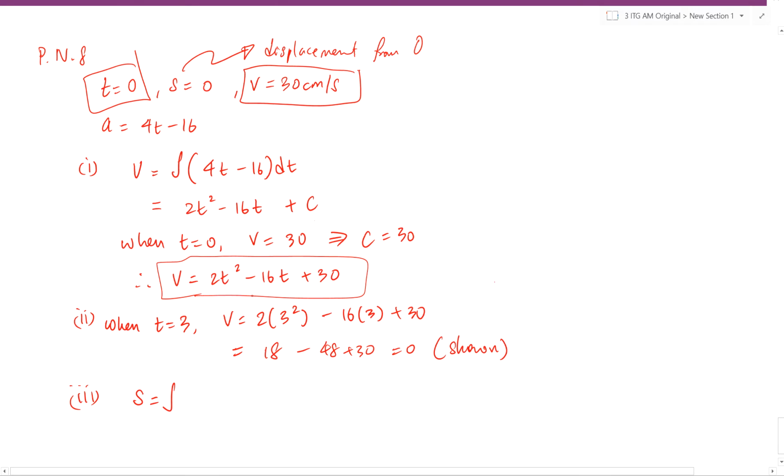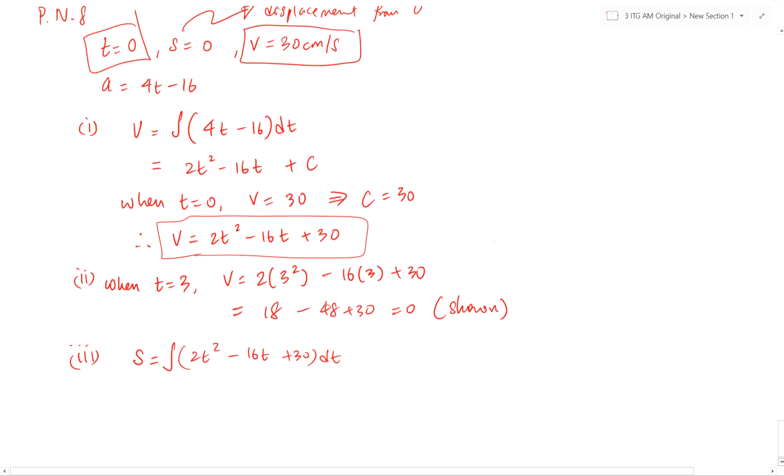Please integrate this and not the one with a plus c, because you don't know what the value of c is. You need to integrate our final expression for v. So 2t squared minus 16t plus 30 with respect to t.